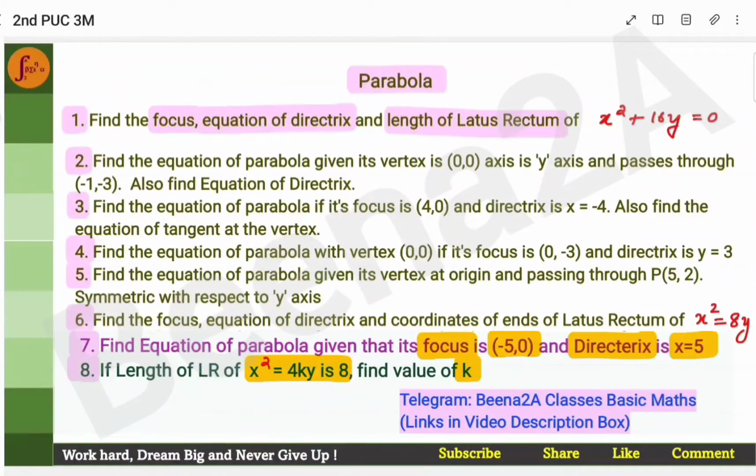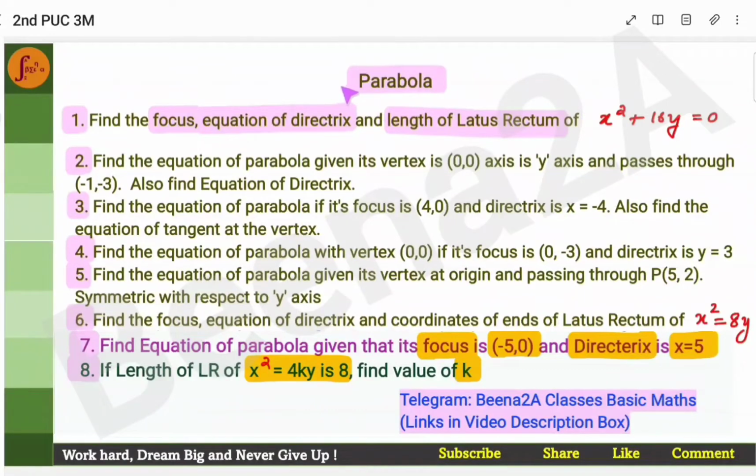The main idea of parabola: if you can figure out what kind of parabola it is, upward parabola, downward parabola, left-handed parabola, right-handed parabola, if you know how to identify the type of parabola, then solving all these sums is just very simple, right? First step in parabola is finding out what kind of parabola it is, right?